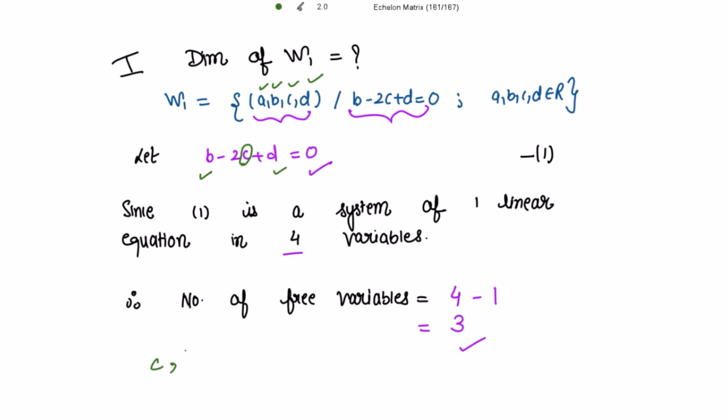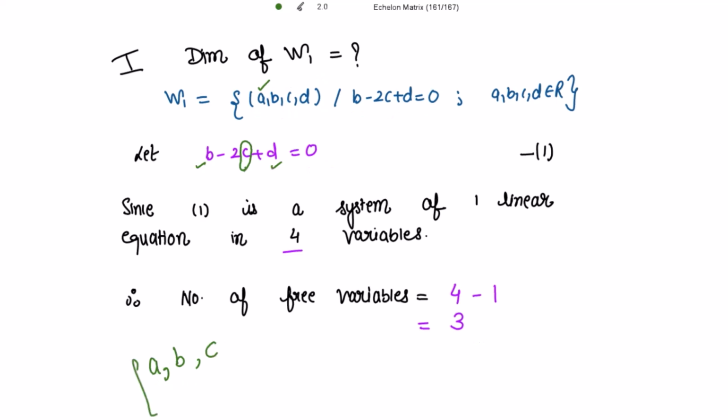So I am choosing B, so that if I put the values of B and C, I get the value of D. If I give any value to C or B, I can get the value of D. So either you have to choose B or D. And the last free variable is A. So now I have to give the values to these variables so that I can get the value of D, and on the basis of this, we find the basis of W1.